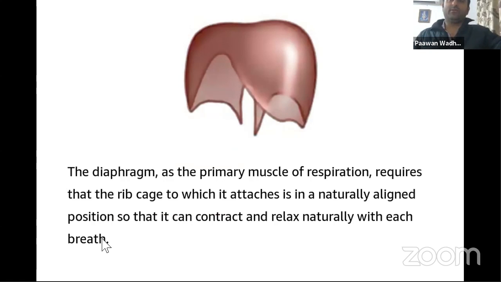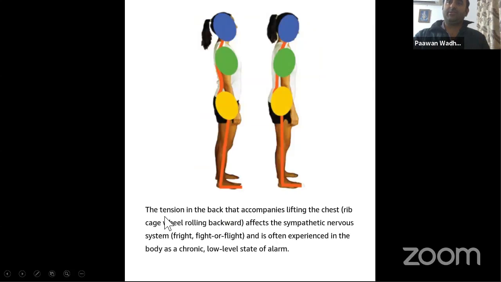The diaphragm can only work properly if your rib cage is properly aligned and relaxed. The diaphragm also should relax. This is lifting the chest cage, and the tension is coming in the back. The rib cage is rolling backward.